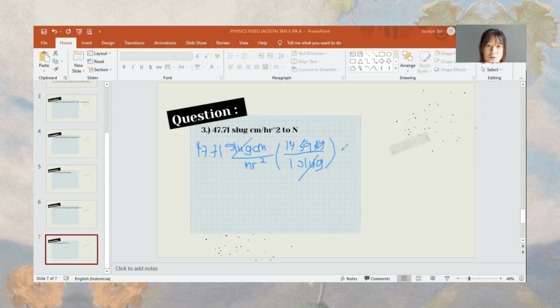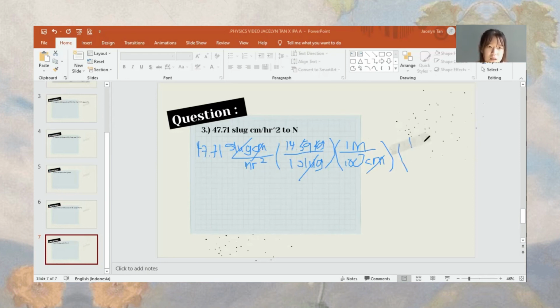Next we need to change centimeter to meter. So 1 meter is equal to 100 centimeter, so we can cancel it. Next, hour to second.